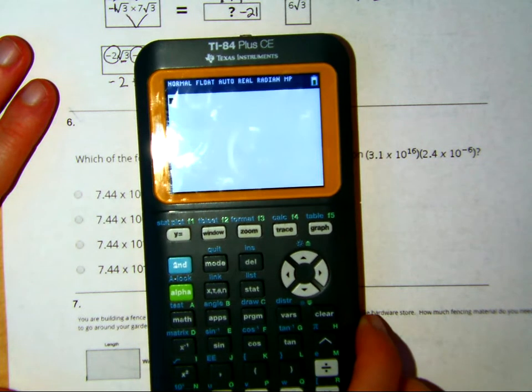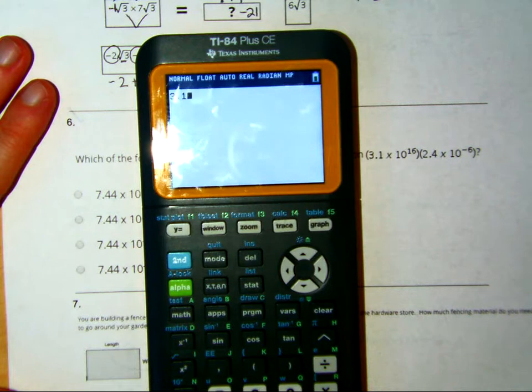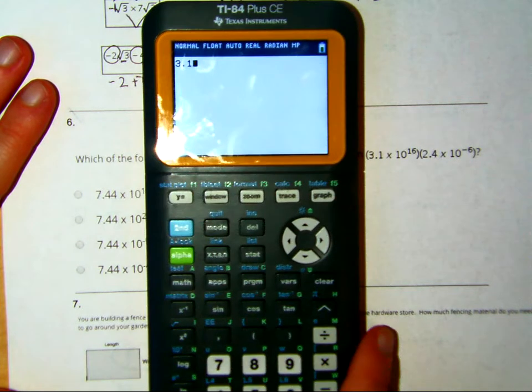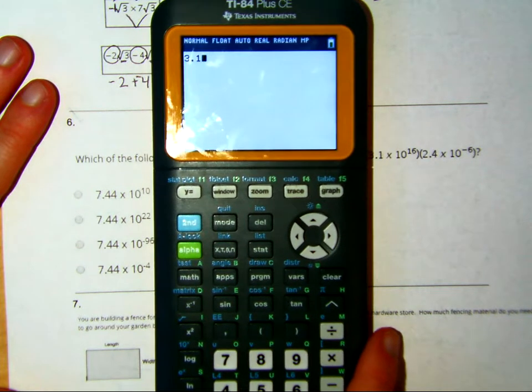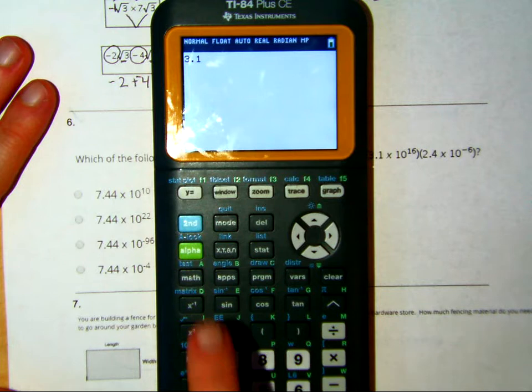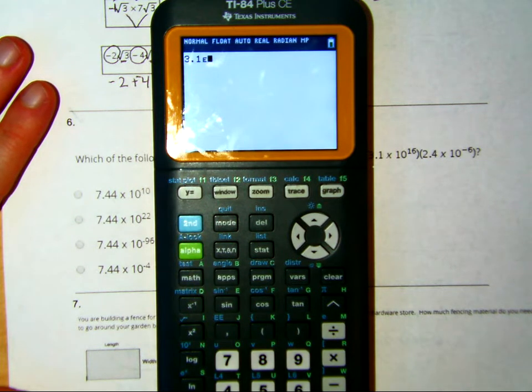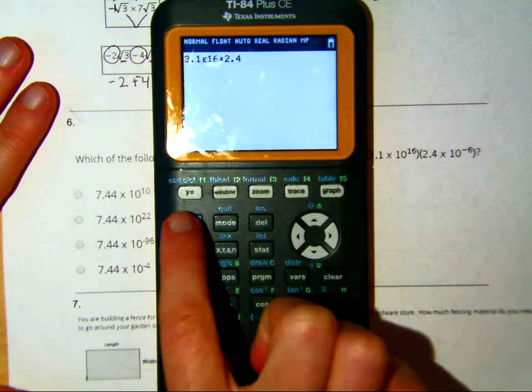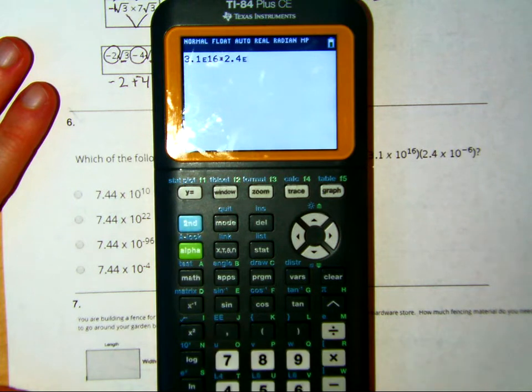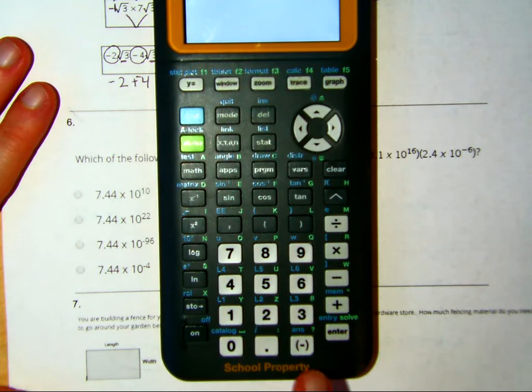So we could say, well, 3.1, can you see that okay? So 3.1, second E. Second E means times 10. And then that's to the 16th power times 2.4 second E to the negative. Be careful to use negative and not subtract.